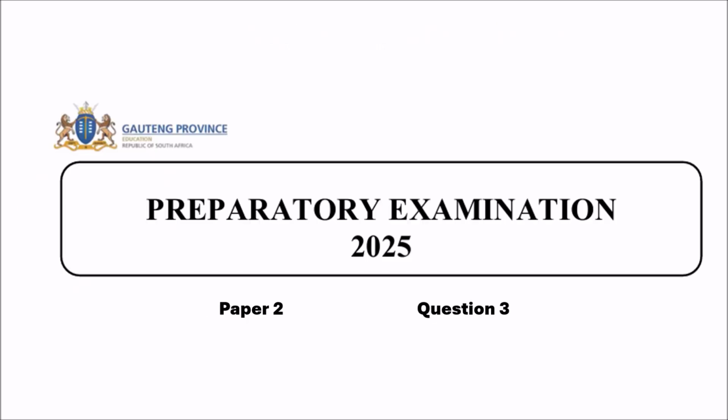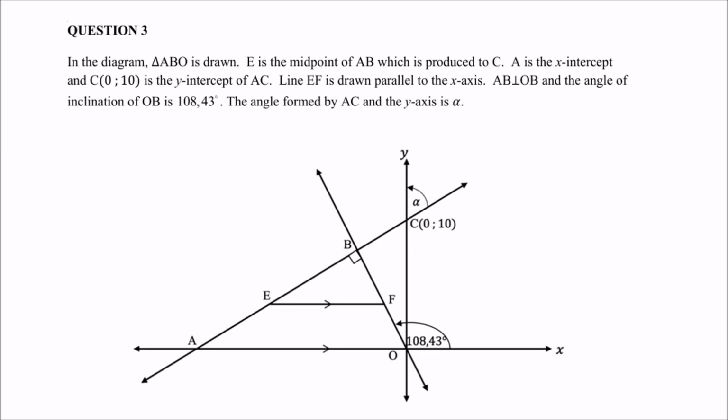Gauteng Province, Preparatory Examination 2025, Paper 2, Question 3. Question 3. Now in the diagram, triangle ABO is drawn. E is the midpoint of AB, which is produced to C. A is the x-intercept, and C with coordinates (0; 10) is the y-intercept of AC.